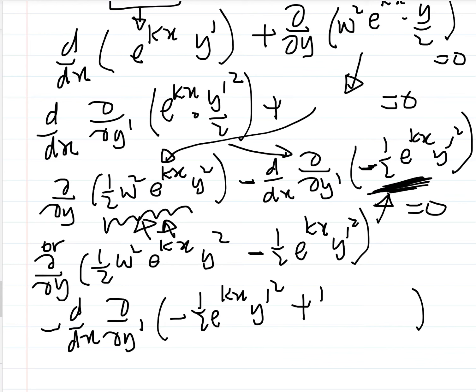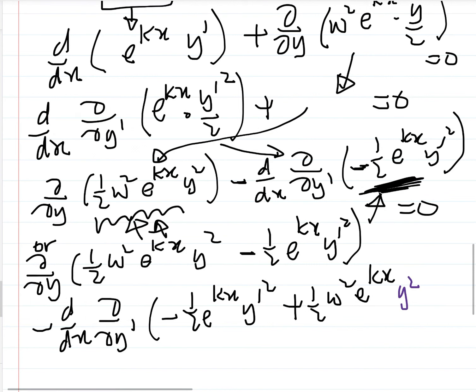So this is a half omega squared e to the kx times y squared. So because of that squeezing, I'm going to write in the y squared now. So this is y squared equal to 0.